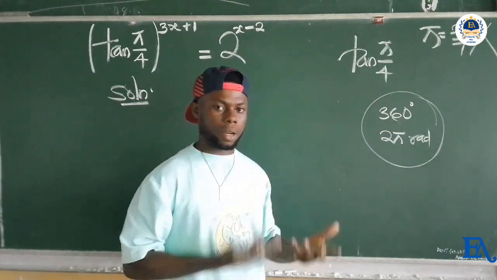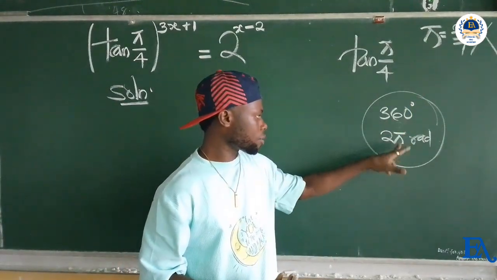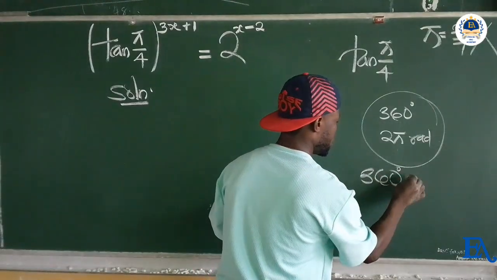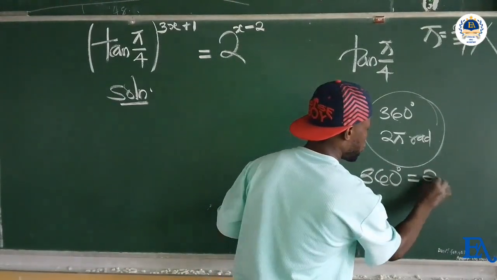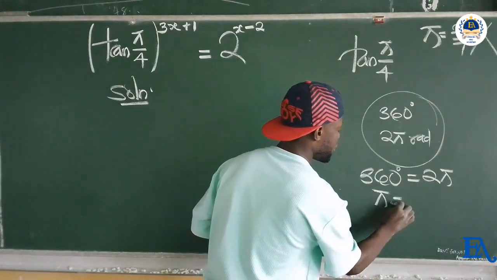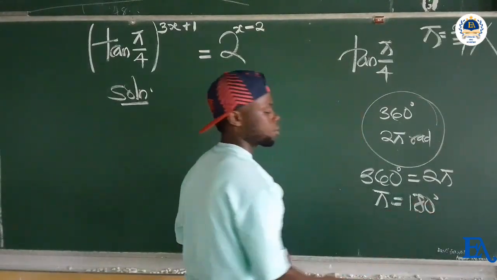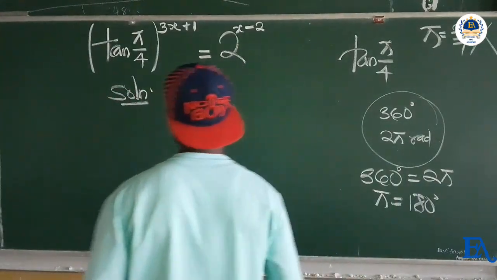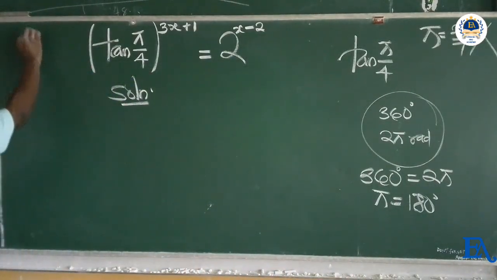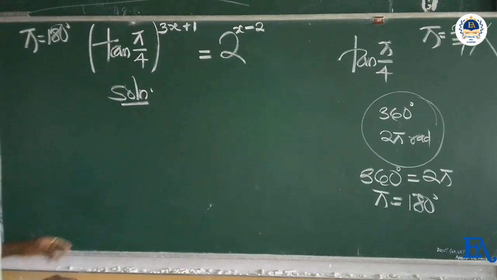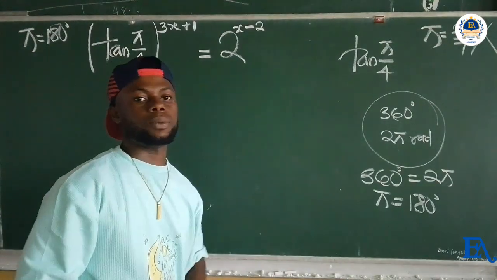If you are comparing between degrees and radians, then 360 degrees is the same as 2π. That means π will give 180 degrees. So we are going to use π equal to 180 degrees in solving this problem on the board.